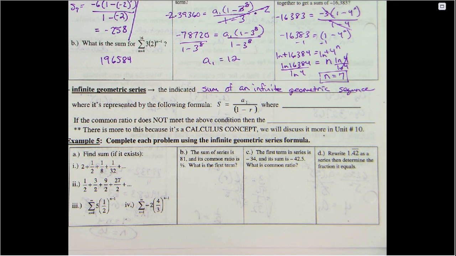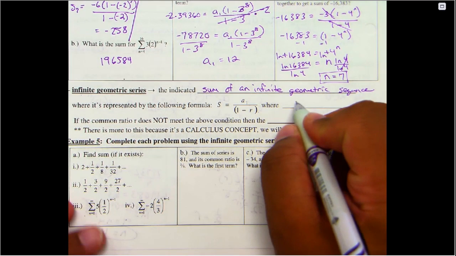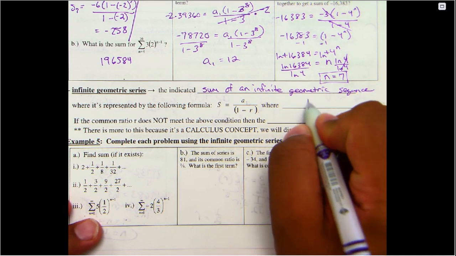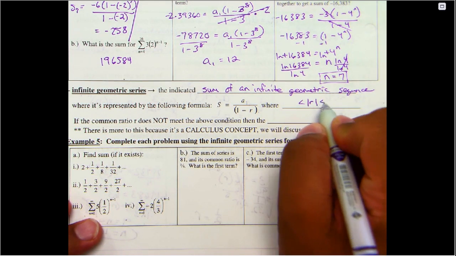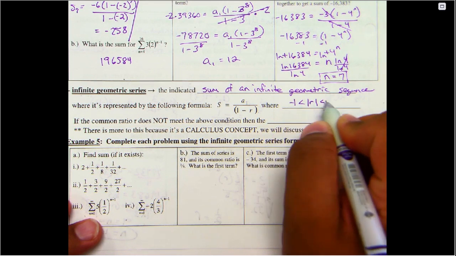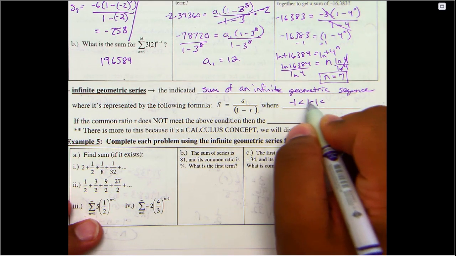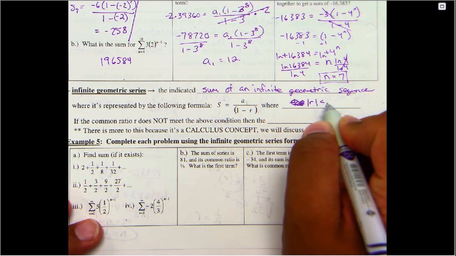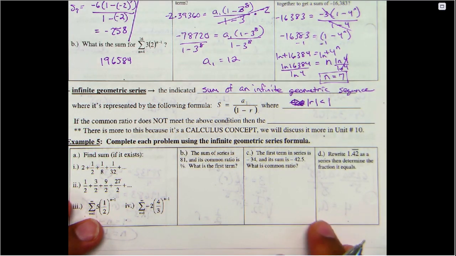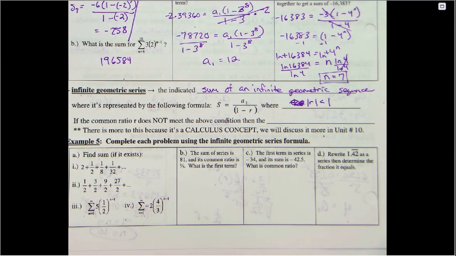It's represented by the following formula, S equals A sub 1 over 1 minus R, where the absolute value of R is less than 1. What does that mean? It has to be a fraction.